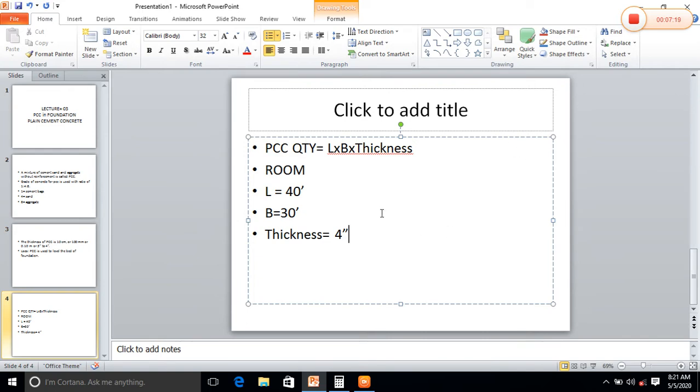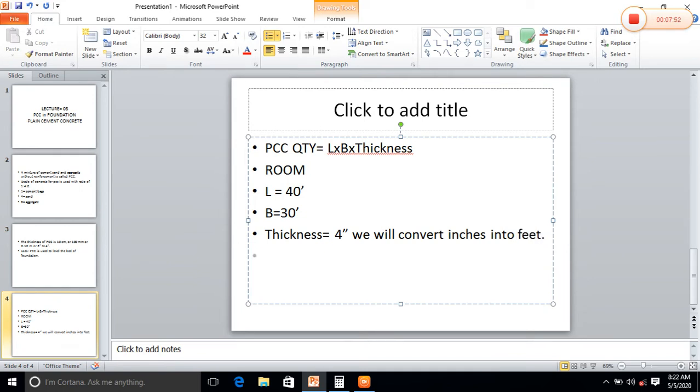So now look at the unit of length, feet, breadth unit is also feet, but the thickness of PCC is in inches. So first of all we will convert inches into feet.